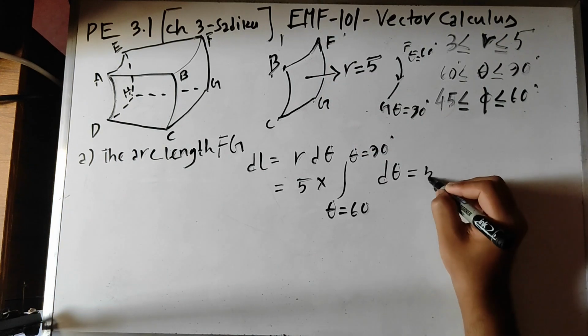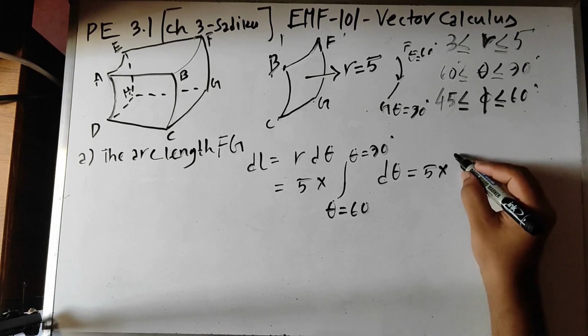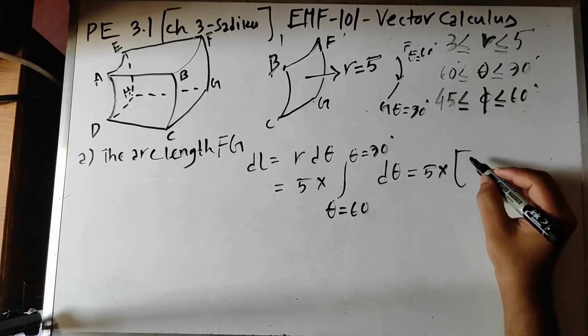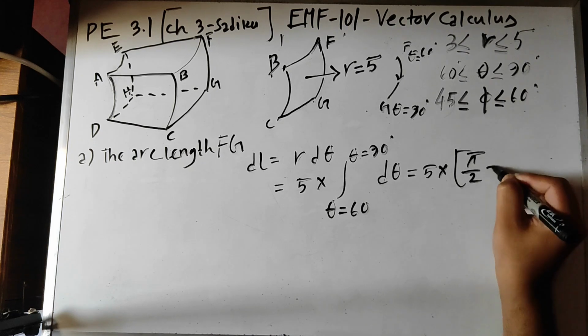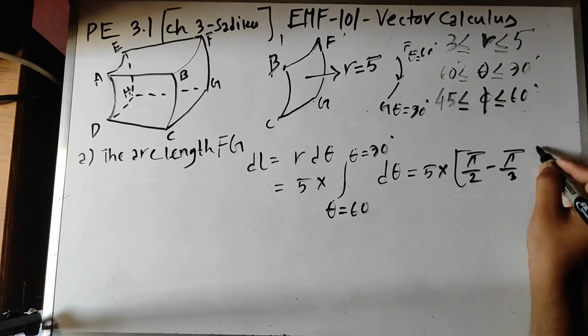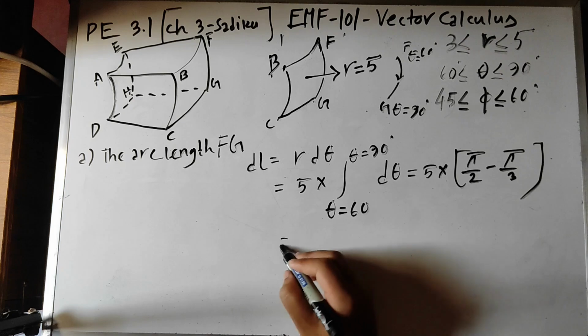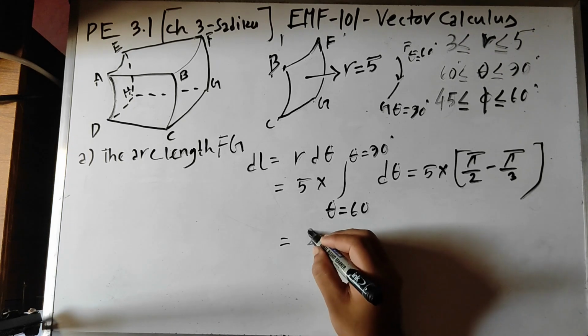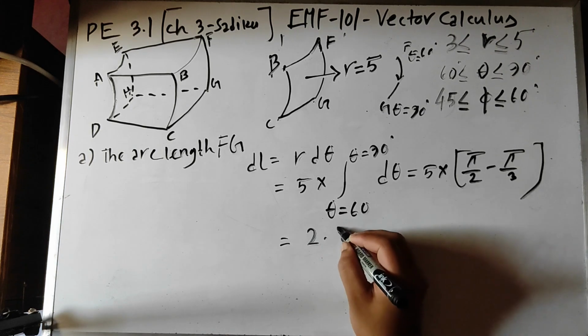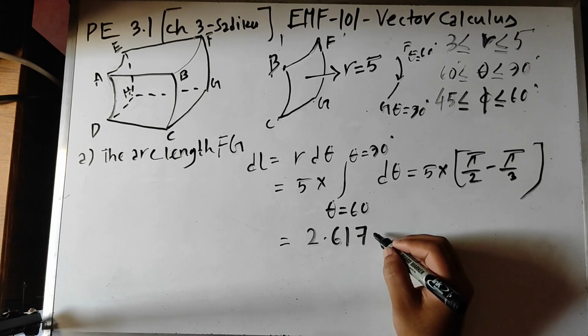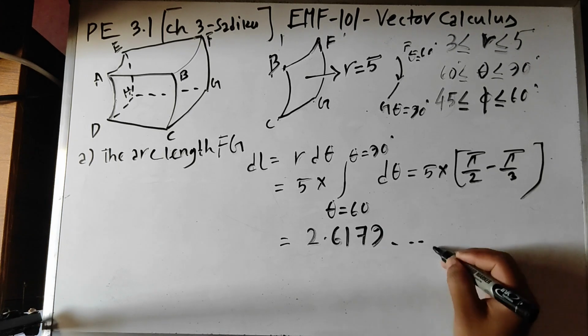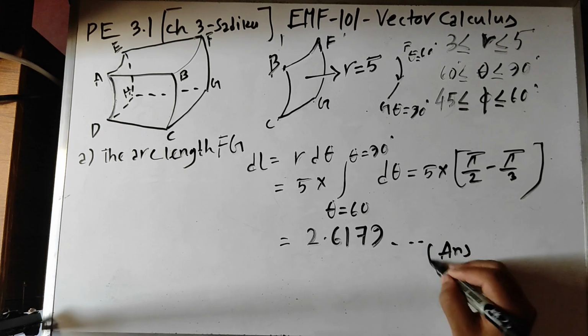So this will give us 5 cross, and if we write this in radians, pi by 2 minus pi by 3. So this is the answer.